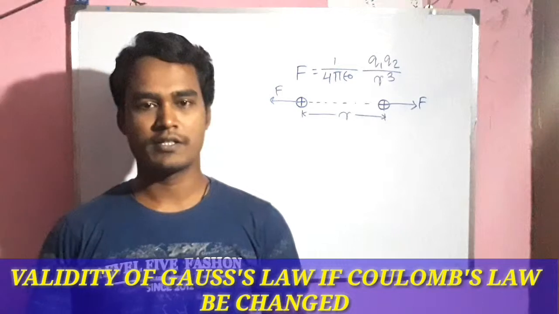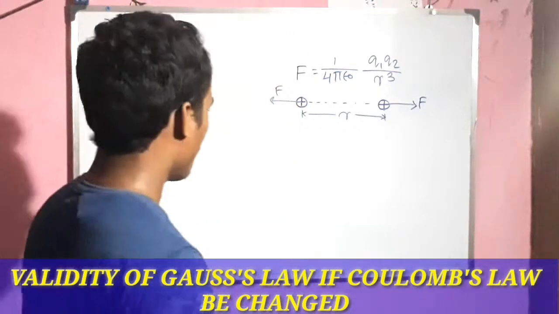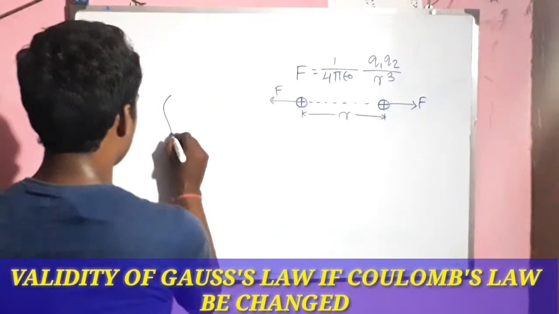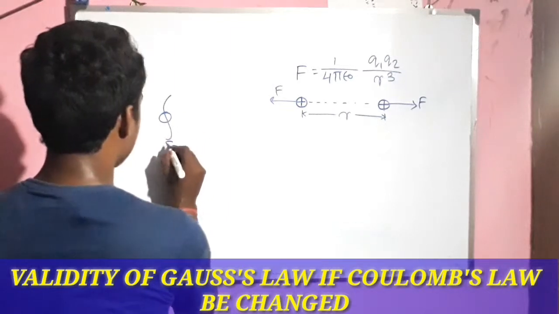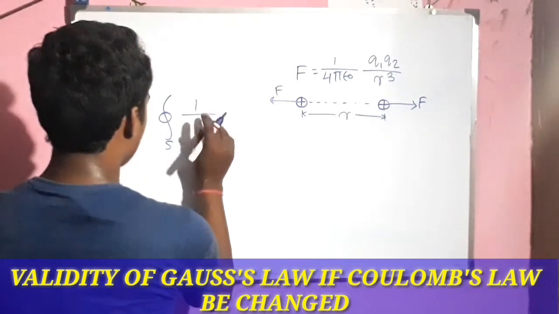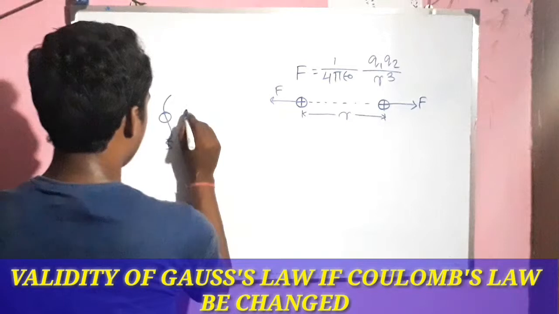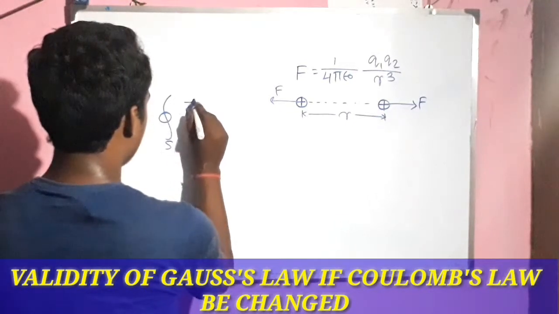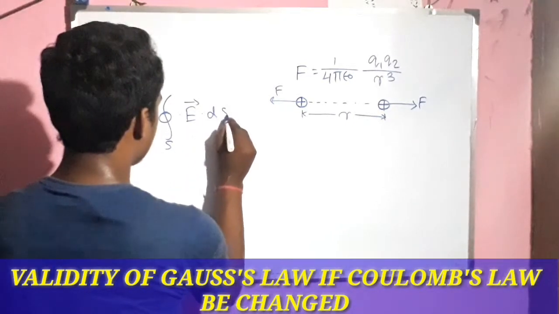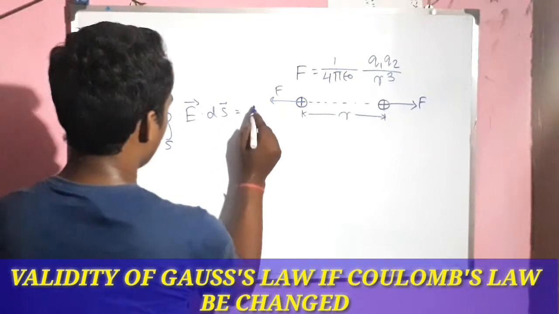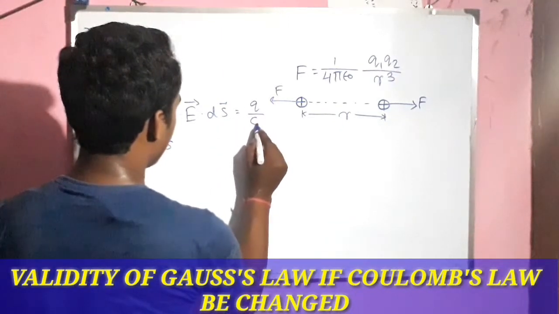Now Gauss's law states that the total flux, that is, the closed surface integration of E dot ds, is equal to total charge over epsilon naught.